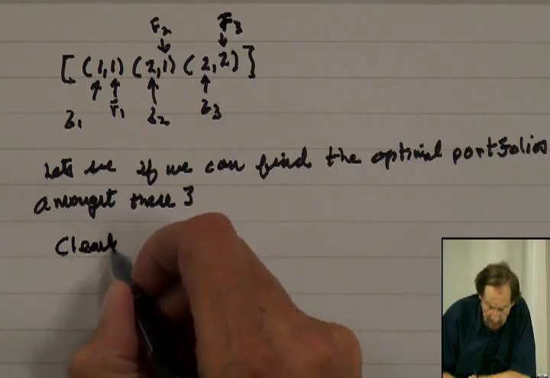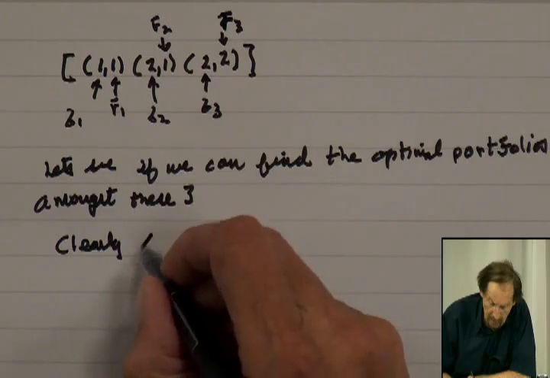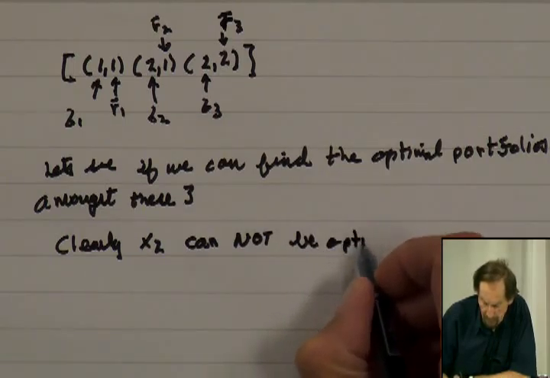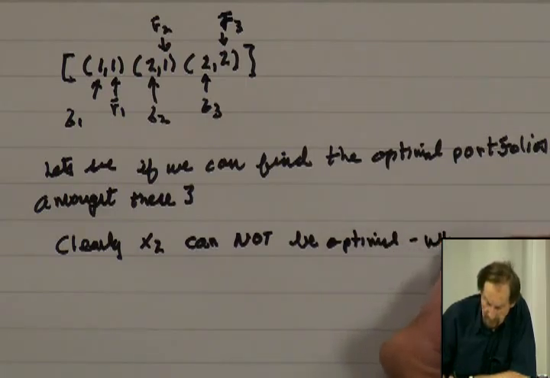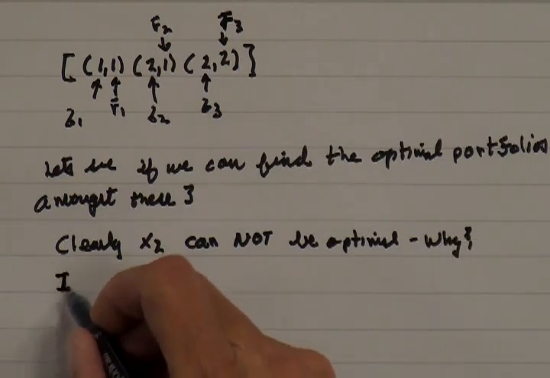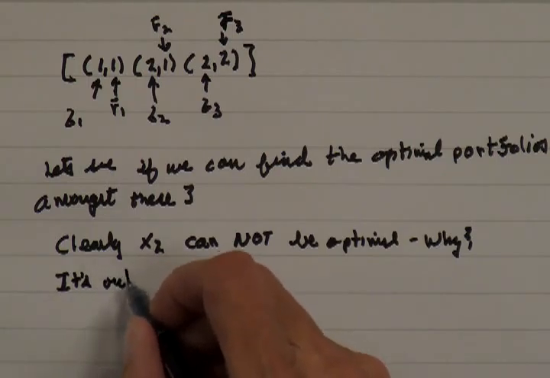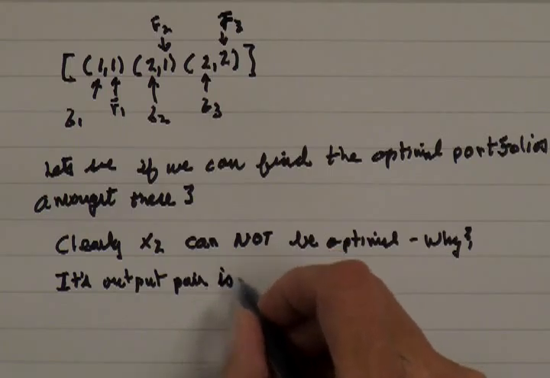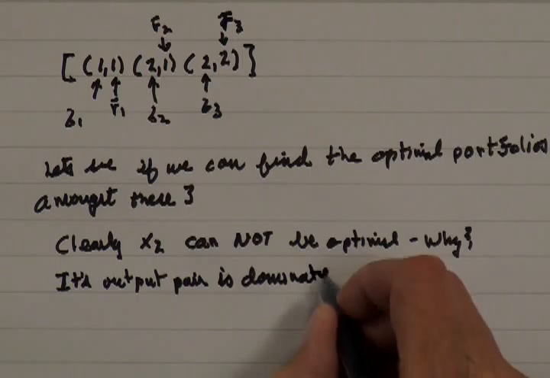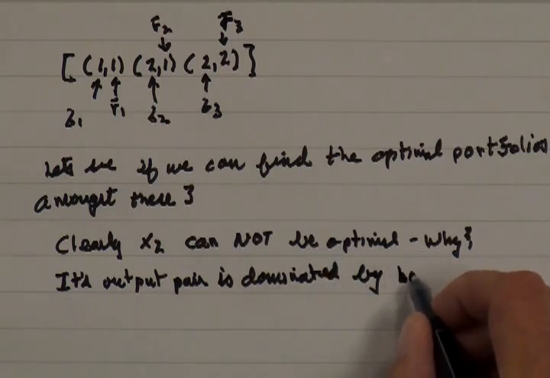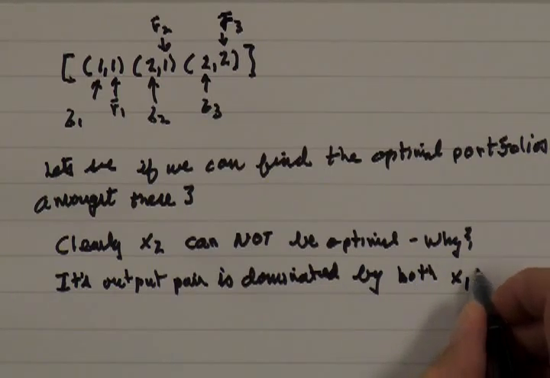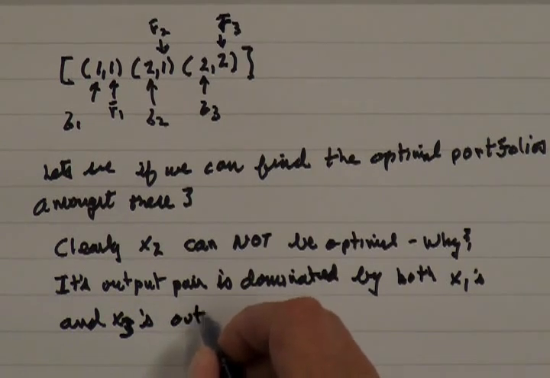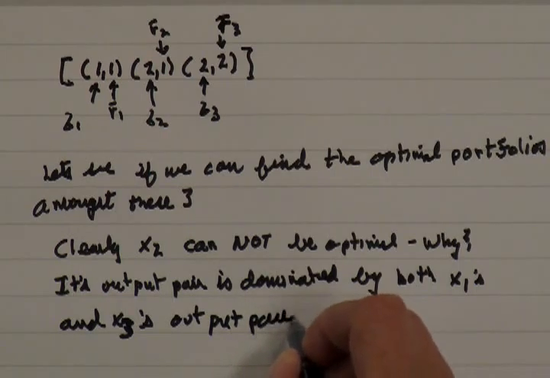Clearly, X2 cannot be optimal. Why? Its output pair is dominated by both X1's and X3's output pairs. Let's see that.